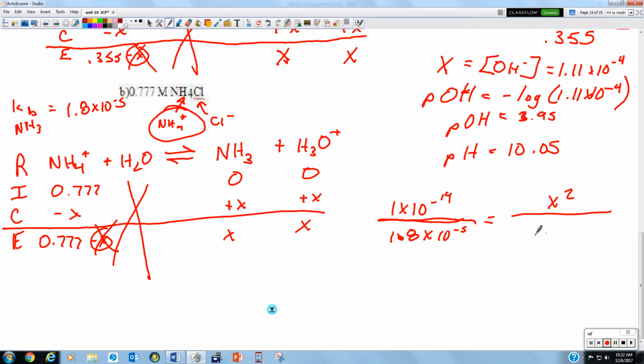So it's going to be x squared over 0.777, which means that x equals the H plus concentration, 2.08 times 10 to the negative 7.